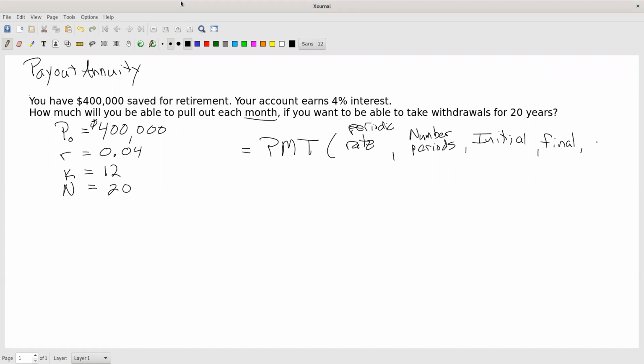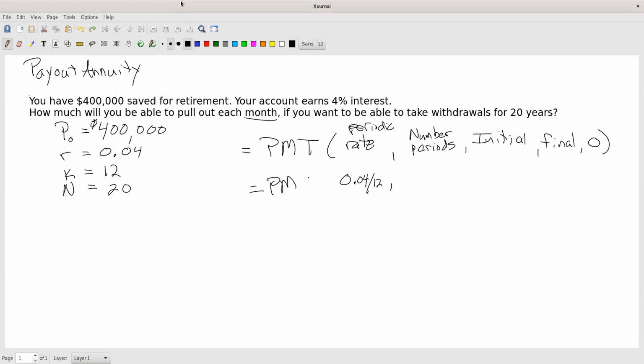And then we want a 0 at the end to indicate that we are having payments at the beginning of each month. So our periodic rate, well, that would be 4% split over 12 months. So that's just 0.04 over 12.